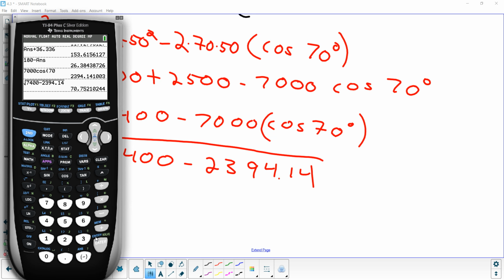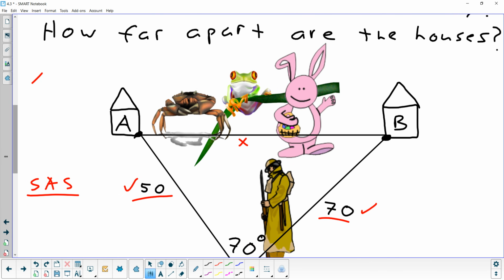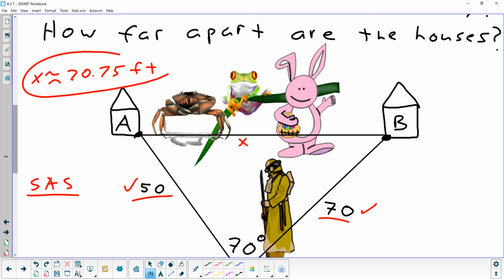So the distance between the two houses is 70.75 feet. So x is about 70.75 feet. And we used trig, we stayed safe, we're good, no Easter Bunny, no poisonous tree frogs, no crab type creatures.